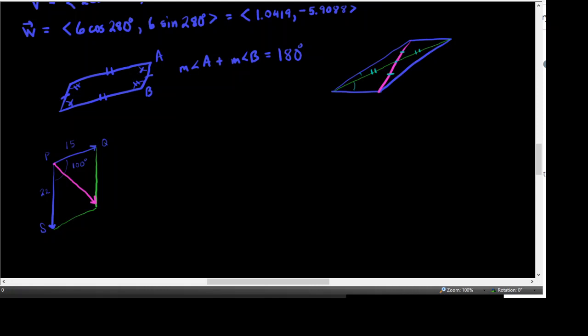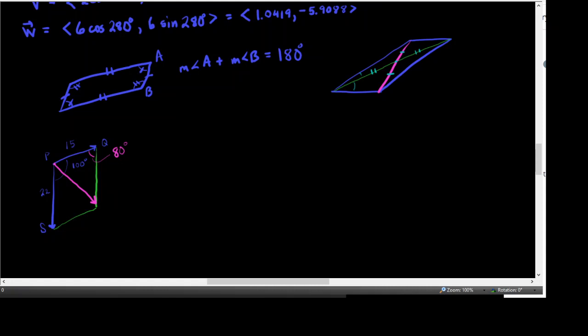And because of the supplementary nature of the adjacent angles, the angle at P is 100 and the angle at Q therefore has to be how big? Well, since they're supplementary, that angle has to be 80 degrees. Okay.